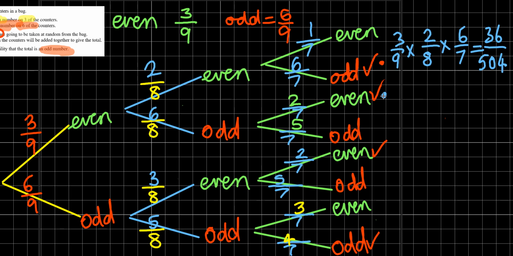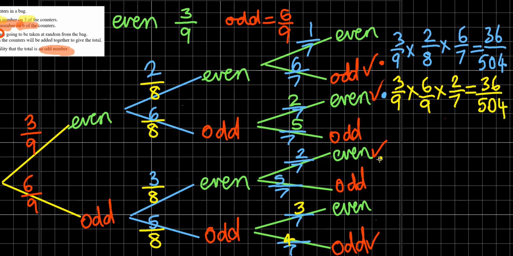This branch here next, we have 3/9 times 6/8 times 2/7, which is kind of identical to the last one. 3 times 6, 18 times 2 is 36.